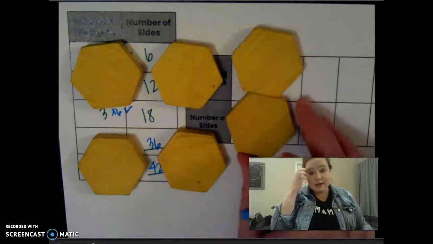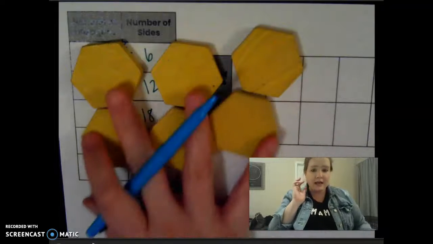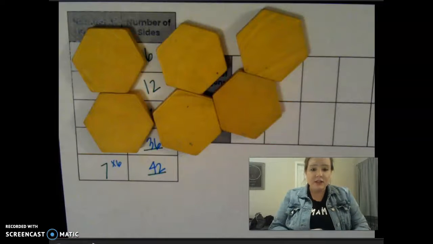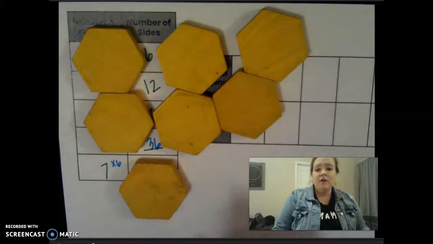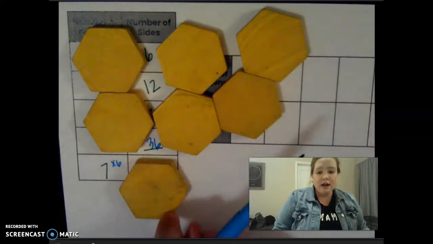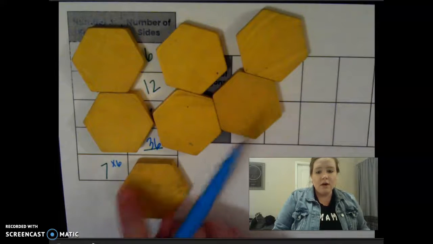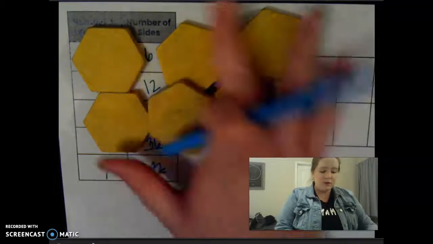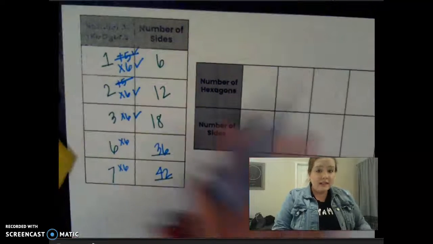That works. That is 36 sides, okay? Now if I want to check 7 hexagons: 36, 37, 38, 39, 40, 41, 42. That equals 42.